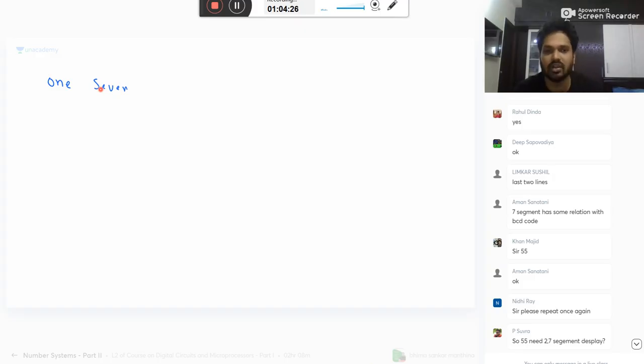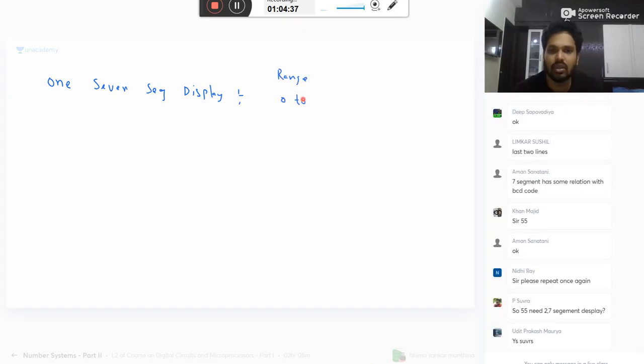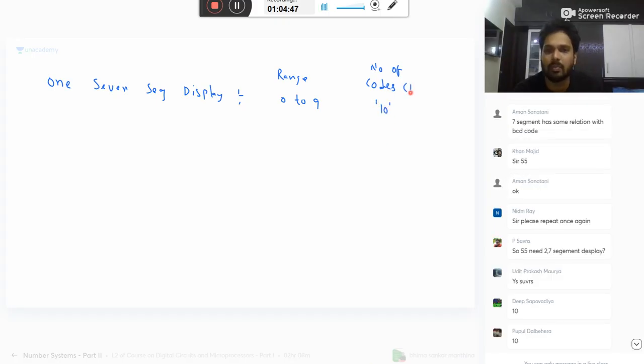Forget about BCD now. If we have one 7 segment display, its range is 0 to 9. So how many codes do I need to generate? 10 different codes. Codes are, you can say, patterns.